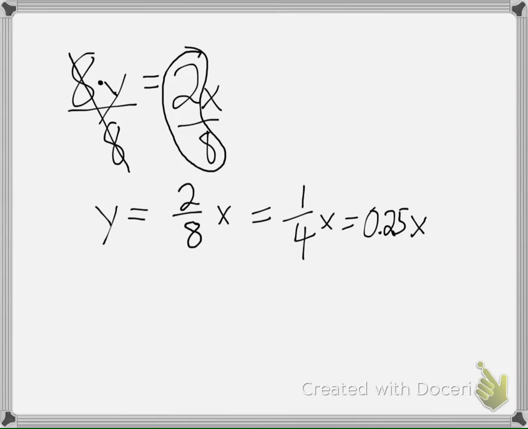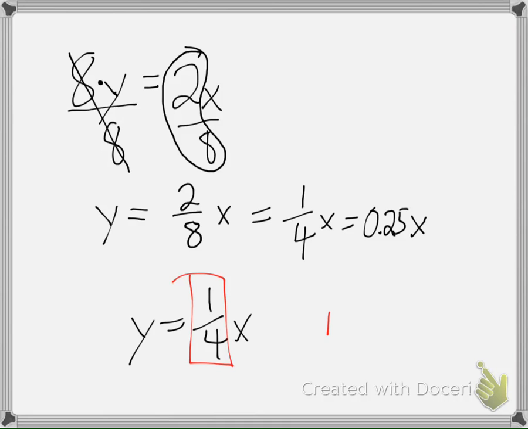Or if you wanted to divide it out, it doesn't divide out to a whole number. Well, if I have y equals 1/4 x, is that direct variation or not? Yes. It's y equals k times x.